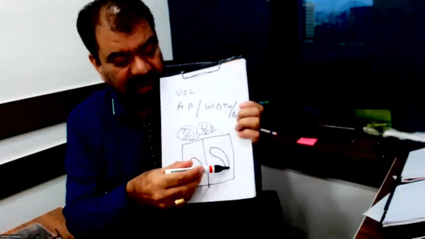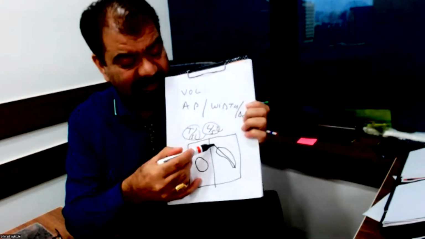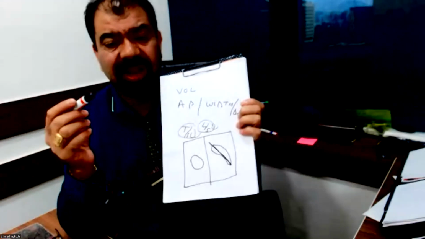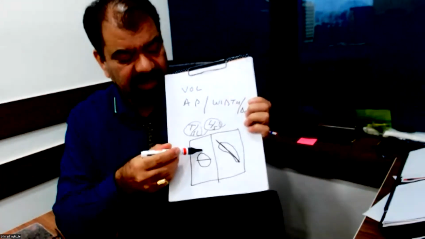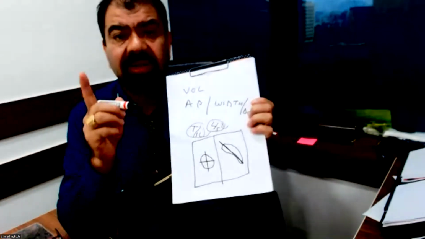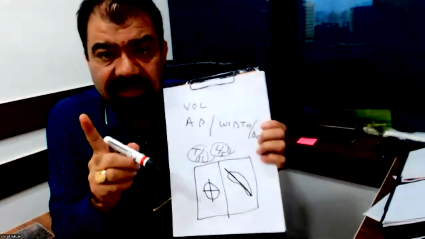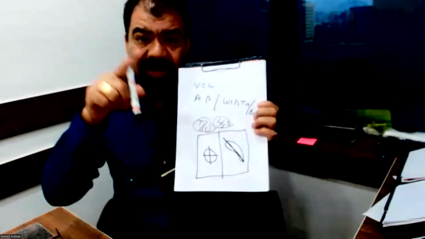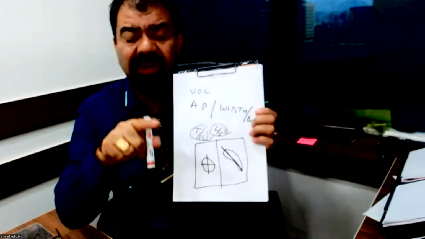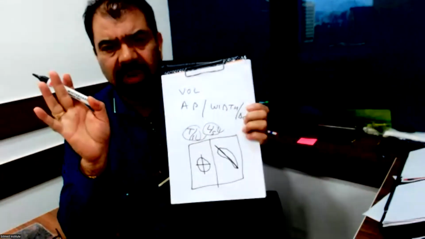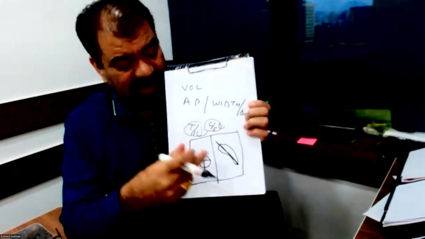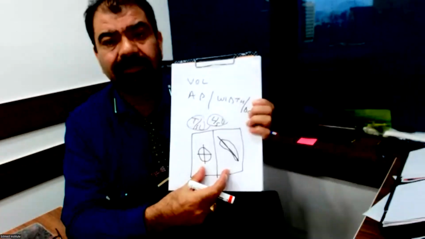Now, from here to here you take the length, width like this, and the depth like this. Then only whatever volume comes will be the accurate volume of that ovary or any other thing you are calculating. So the basic important point is that you have to keep the dual image.